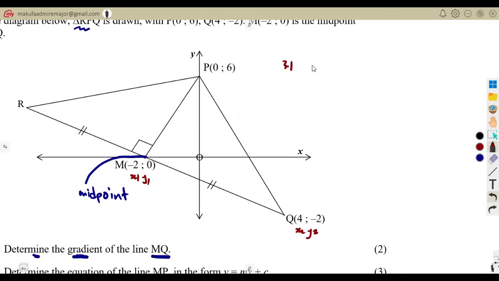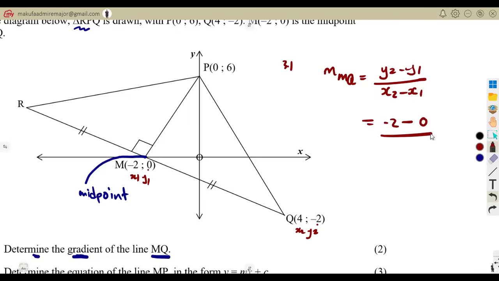So that's 3.1, the gradient of MQ. Remember the gradient is the change in Y over the change in X: Y2 minus Y1 over X2 minus X1. So that's Y2, which is minus 2, minus Y1, that's a 0 there, over X2, which is 4, minus X1, which is minus 2.